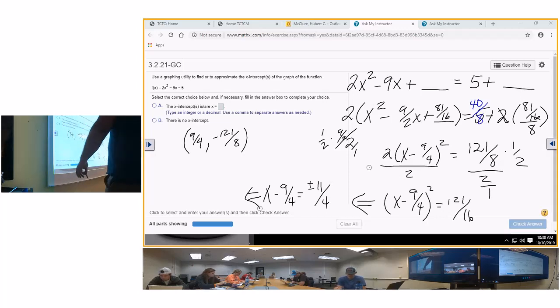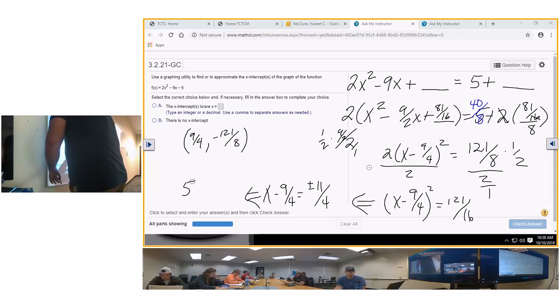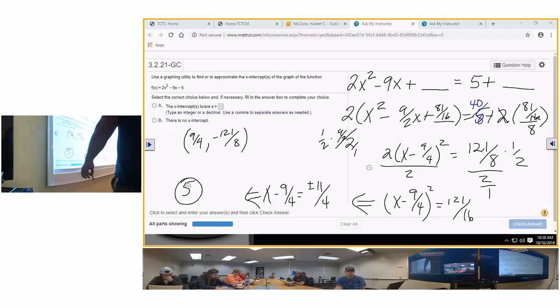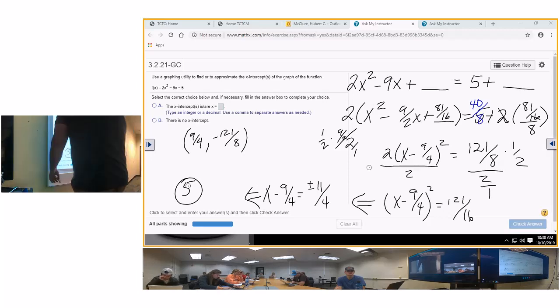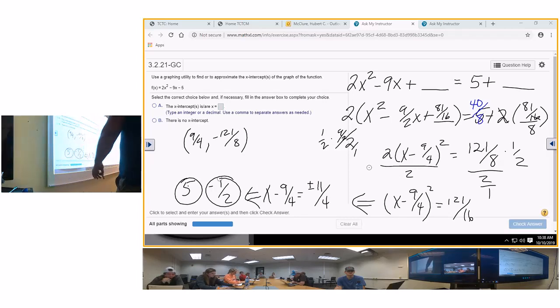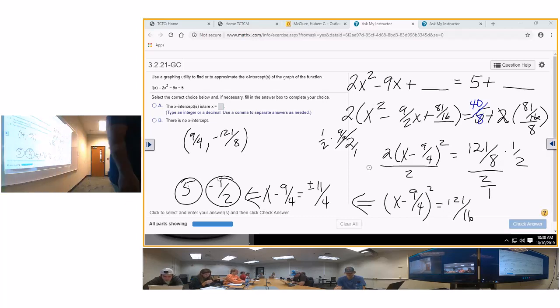What's 11 plus 9? 20 over 4, which is 5. What's negative 11 plus 9? Negative 2 over 4, which is negative 1/2. Somebody check me. I thought it was positive 2. No, you're right. So the x-intercepts are going to be negative 1/2, comma 5.